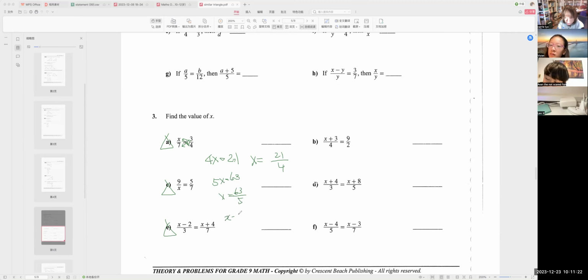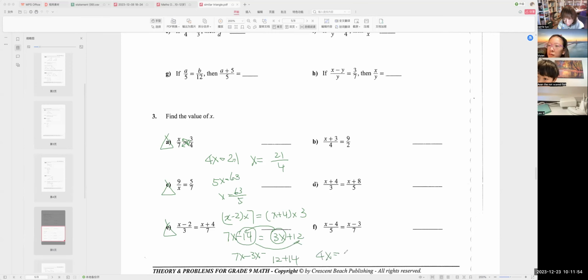So x minus 2 times 7 equals x plus 4 times 3. So 7x minus 14 equals 3x plus 12. Okay, so we're moving 3x over there, so 7x minus 3x. And this negative 14 over there will be 12 plus 14.